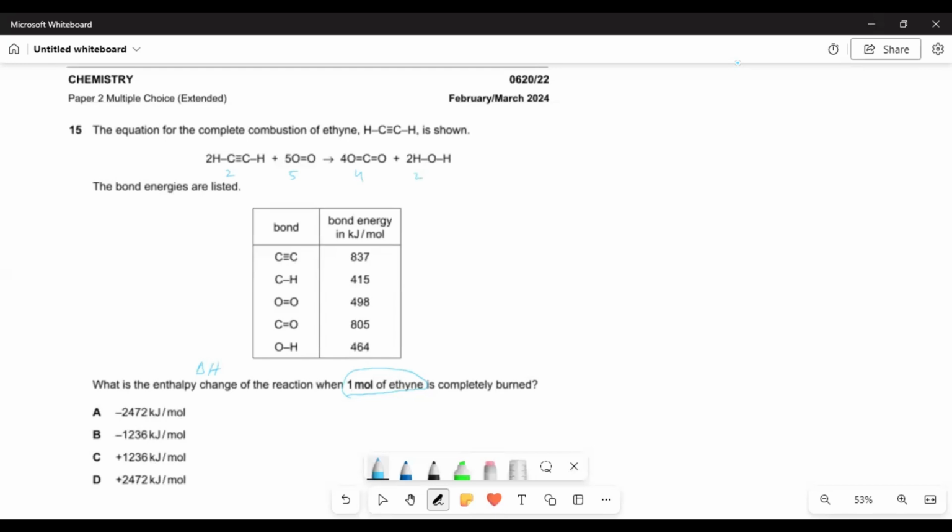So first we should see the reactant side. If for 2 mole it is this, so for 1 mole we need 2.5 mole of oxygen, and 2 moles of carbon dioxide would be produced, and instead of 2 mole, 1 mole of water would be there in the product.